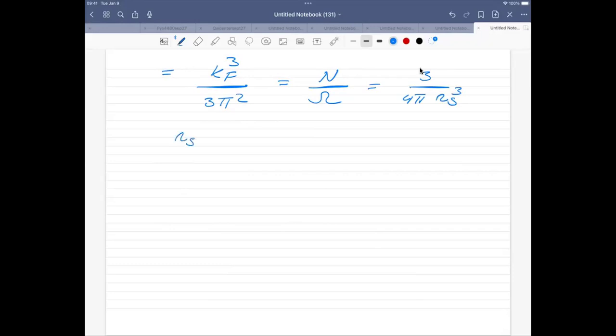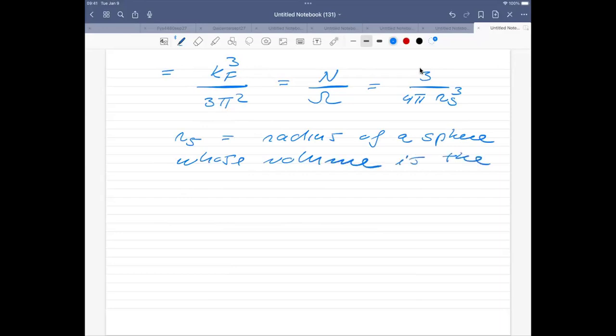This Rs is given by the radius of a sphere whose volume is the volume per conducting electron. Or we just write this as the volume per electron. So each electron now occupies a specific volume.